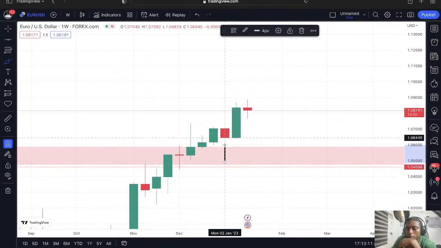That wick shows pressure, the presence of pressure, is what creates this wick to the downside.